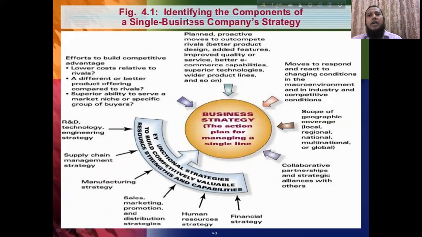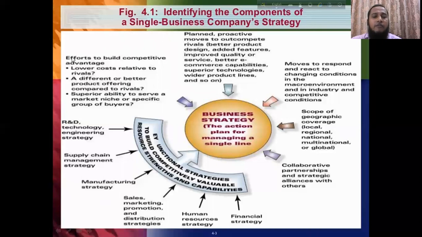Okay, dear students, identifying the components of a single business company's strategy. Once again, identifying the components of a single business company's strategy or business strategy, the action plan for managing a single business company.